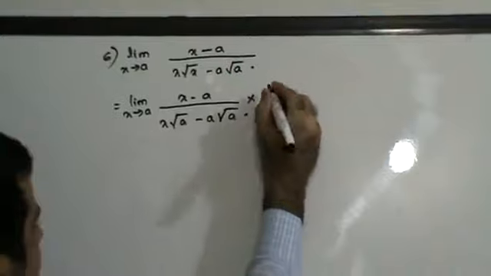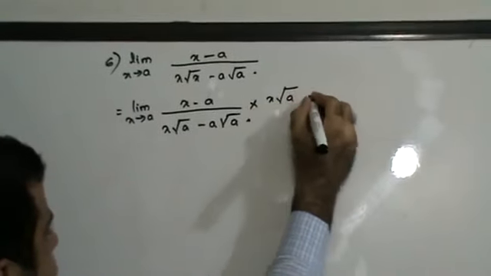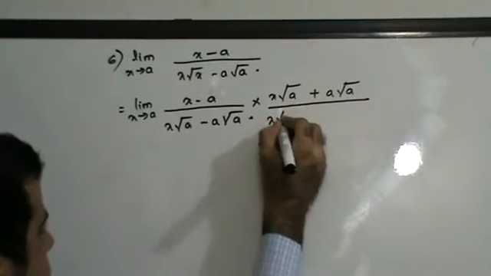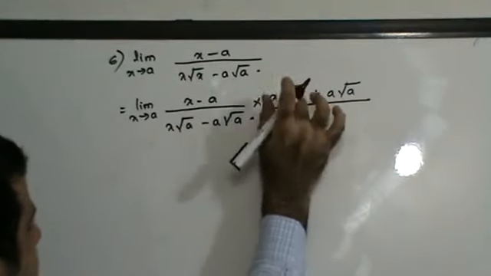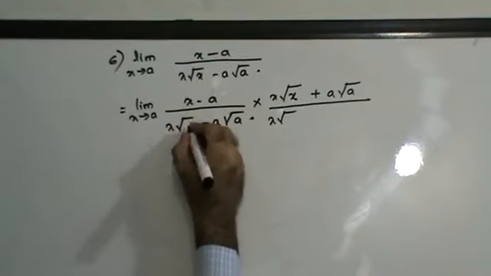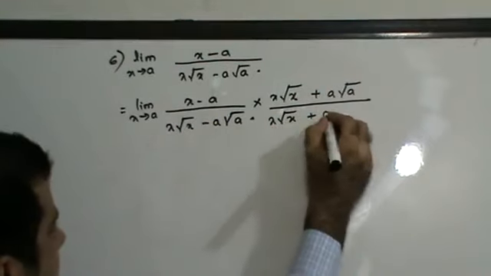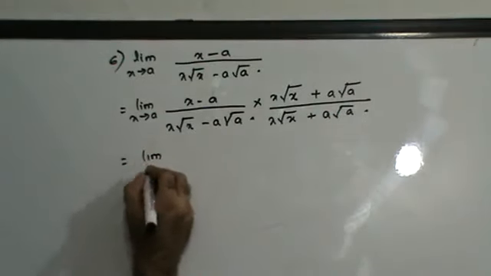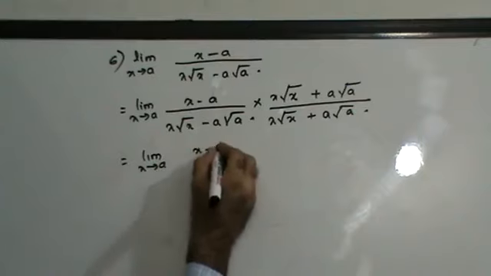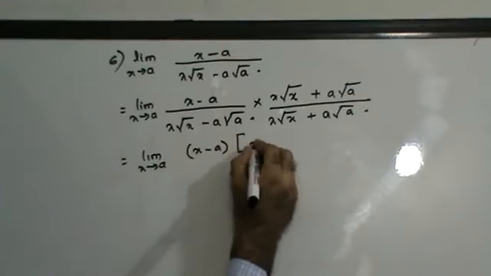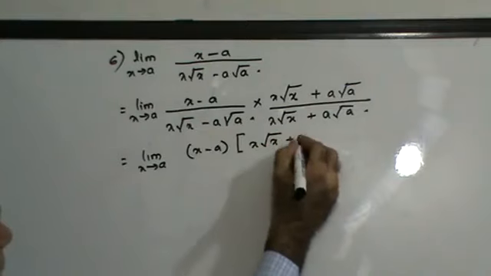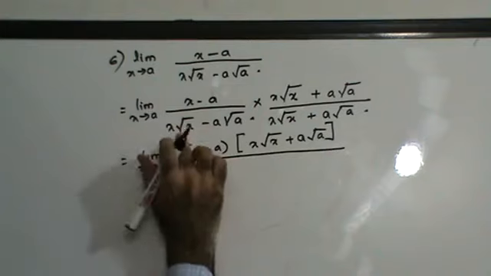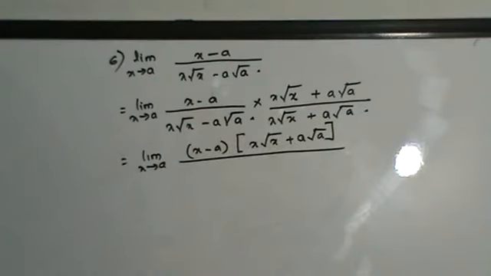If I rationalize the denominator, this is going to be x root x plus a root a upon x root x plus a root a. Now, this is going to be limit of x tends to a, x minus a, leave the numerator as it is, x root x plus a root a upon, now this is in the form a minus b, a plus b, so a square.